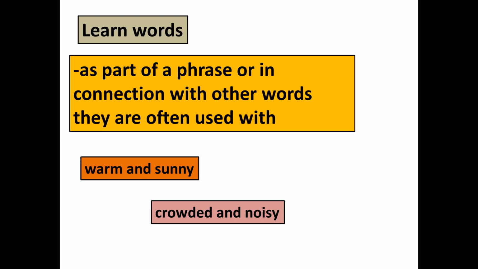So this will help you to speak fluently, and also this will help you to show the examiner that you've got a good range of vocabulary. This is the end of the video.